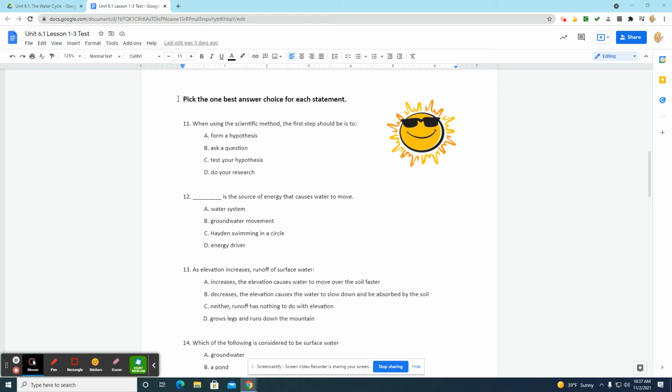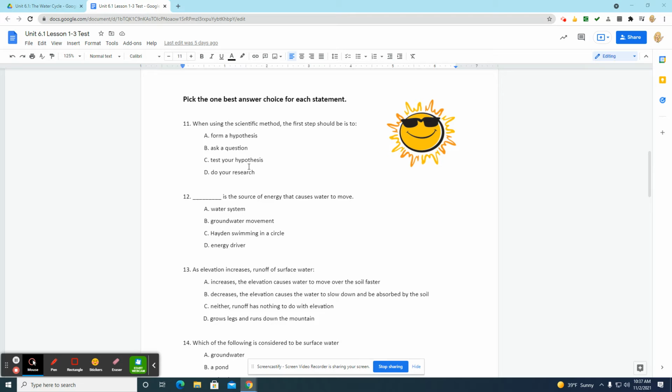At the top of the multiple choice, it says pick one best answer choice for each statement. So we're only choosing one. Number 11. When using the scientific method, the first step should be to form a hypothesis, ask a question, test your hypothesis, or do your research.